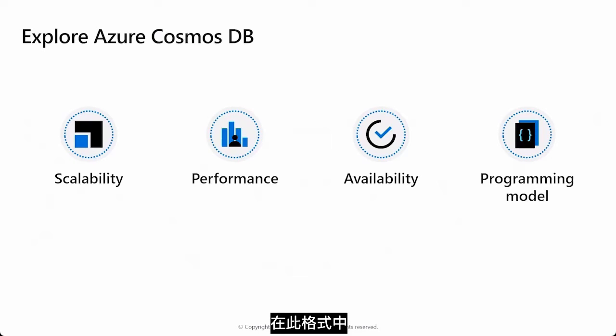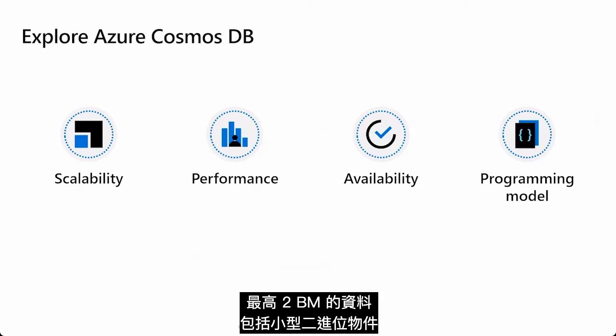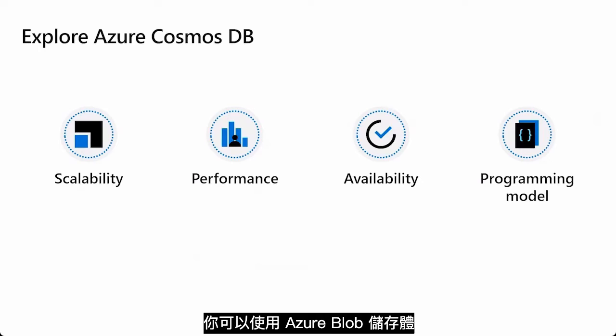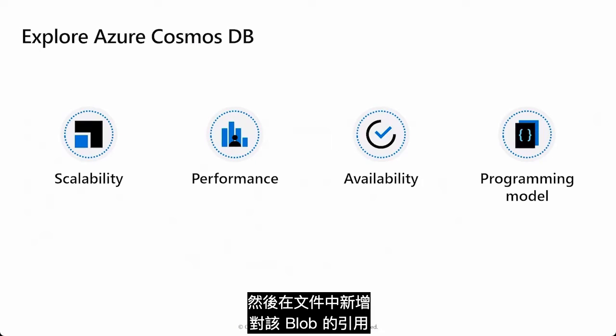In this format, the fields in the document are enclosed in curly braces, and each field is prefixed by a name. A document can actually hold up to 2 megabytes of data, including small binary objects. If you do need to store larger blobs as part of a document, you can use Azure Blob Storage and then add a reference to that blob inside your document.